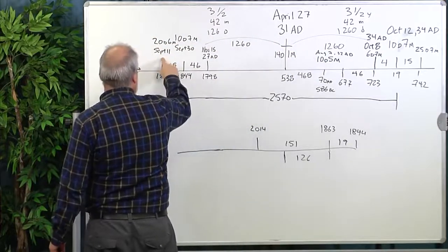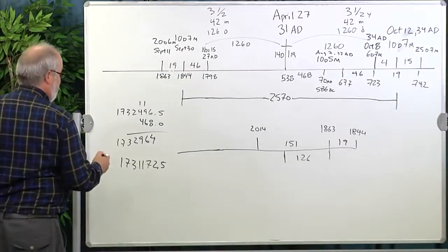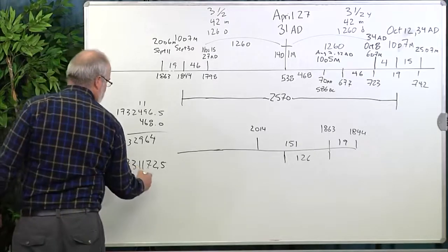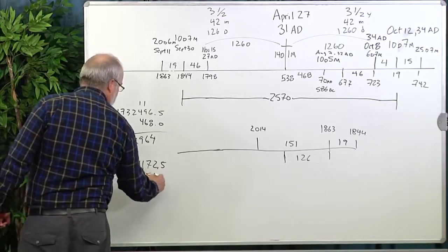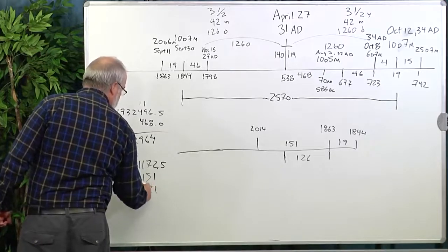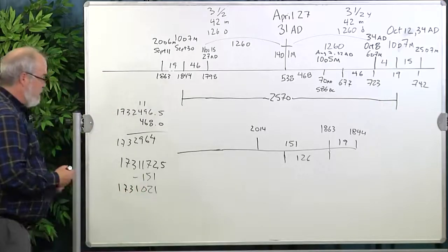These are the dates we're using. So we're going from September 11th, and we're going to subtract 151 days, because we have to subtract. So if I take 151 off of this, that's the number with the 0.5 at the end.